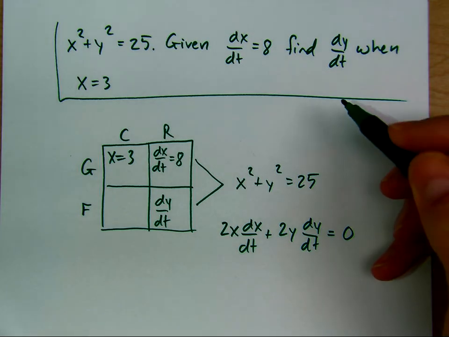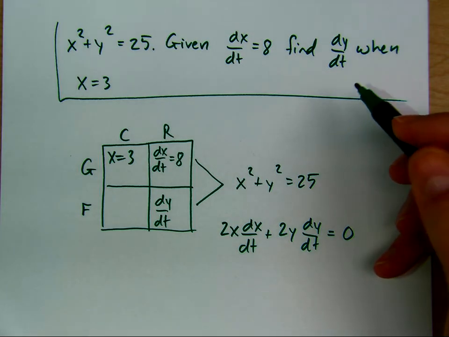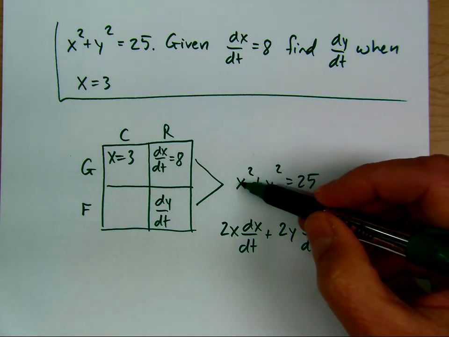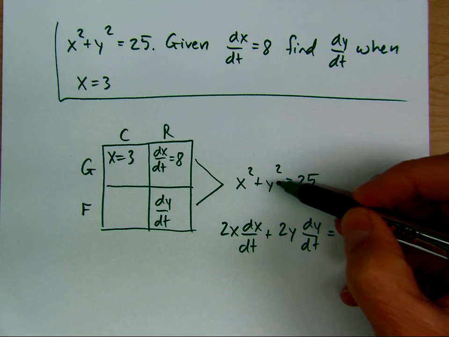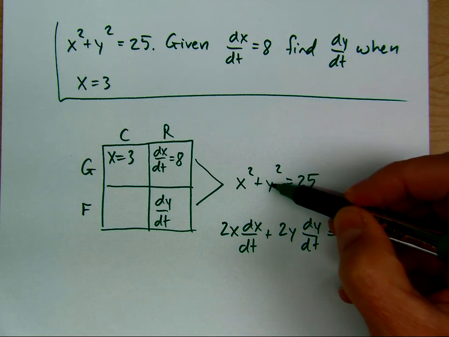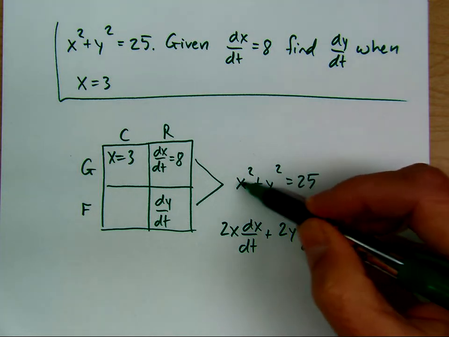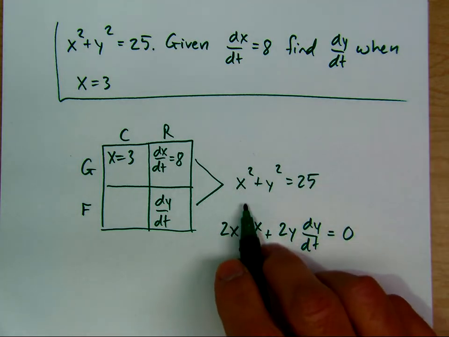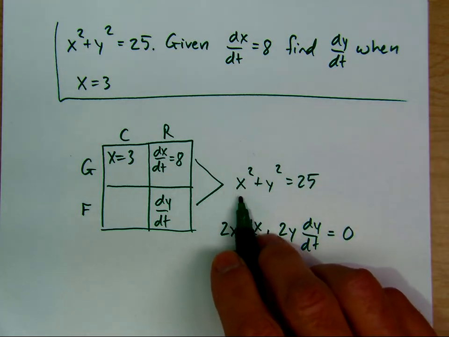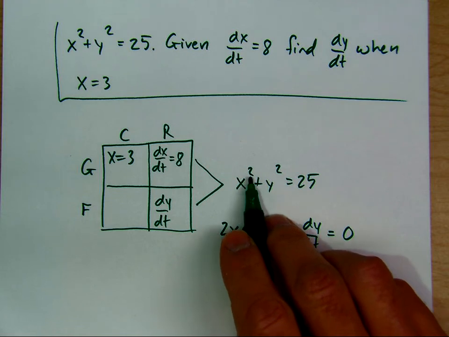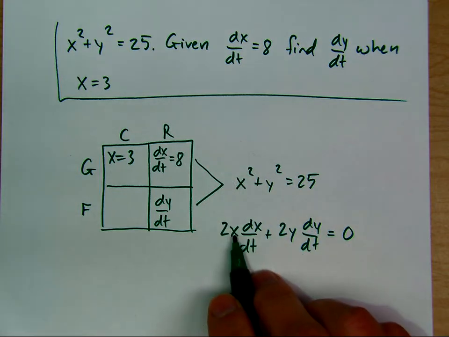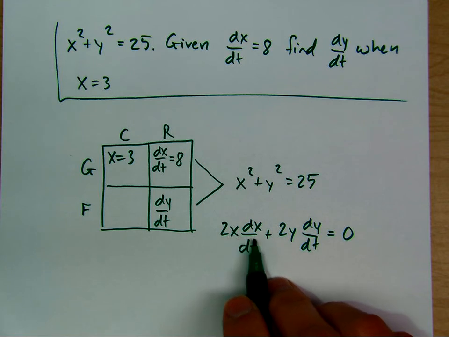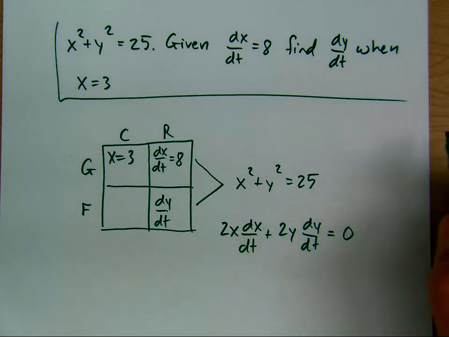This is implicit differentiation, but in the previous lesson, x was a variable, and I would only have to include dy/dx when I did a derivative of y. Now x and y are both functions of time, so x is some function of time. We do the chain rule where there's some inside function, derivative of the outside, leaving the inside the same, times the derivative of whatever x is in terms of t. And that's why we have to do this dx/dt.